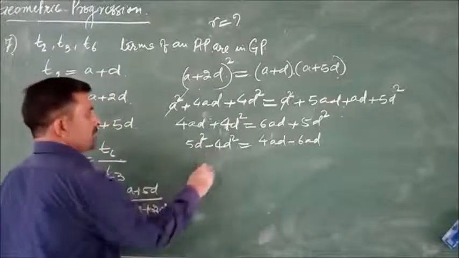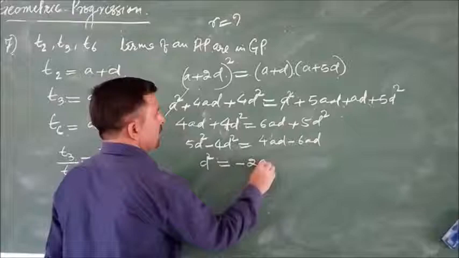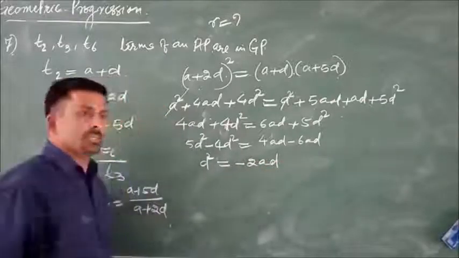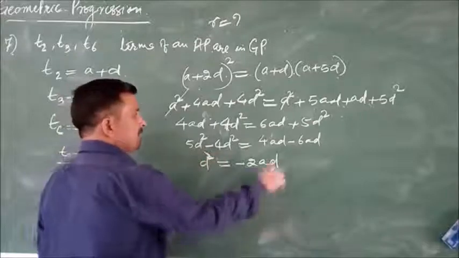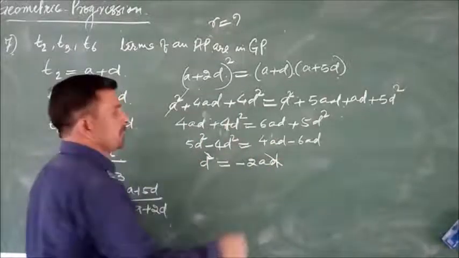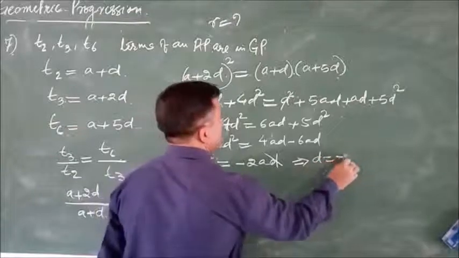Now these can be simplified. This is equal to D square, and that side becomes minus 2AD. This D and this D cancel, and therefore you got the value of D as equal to minus 2A.